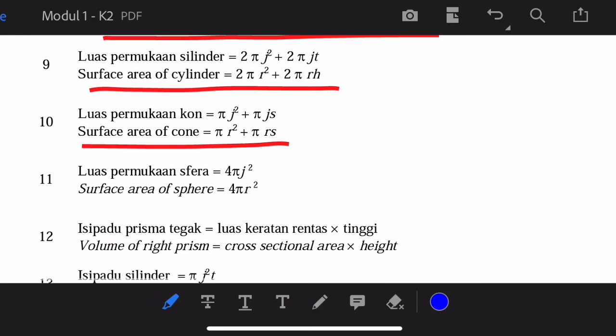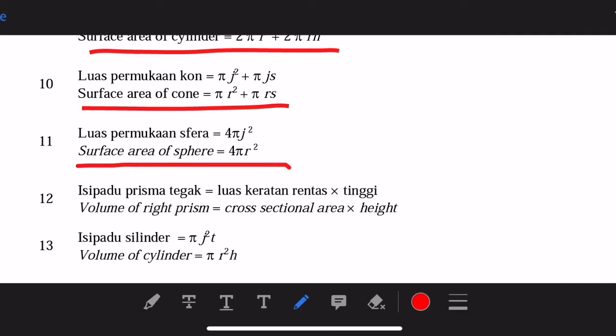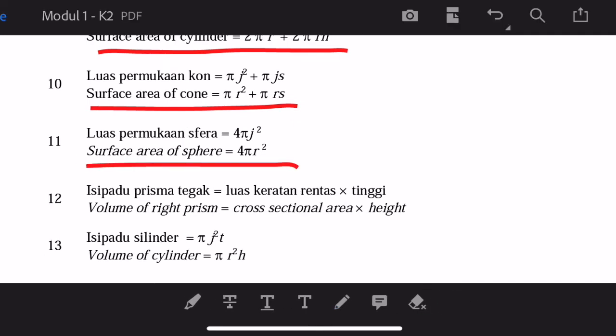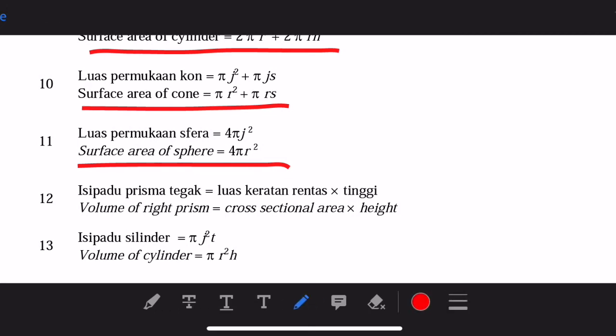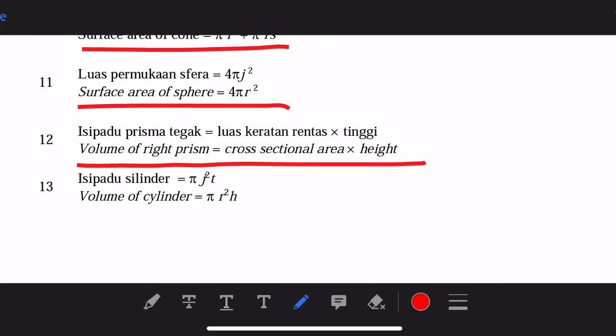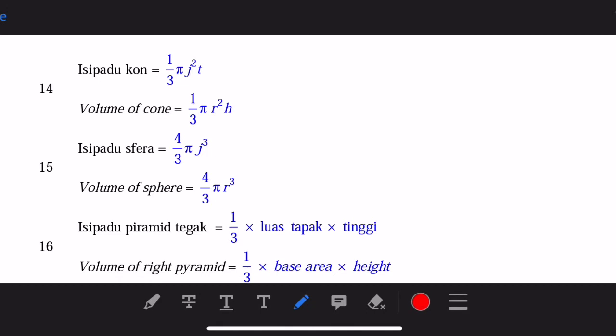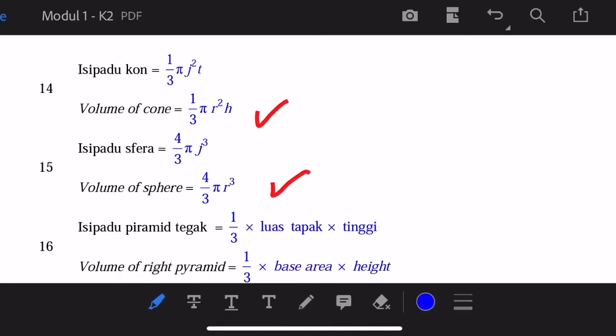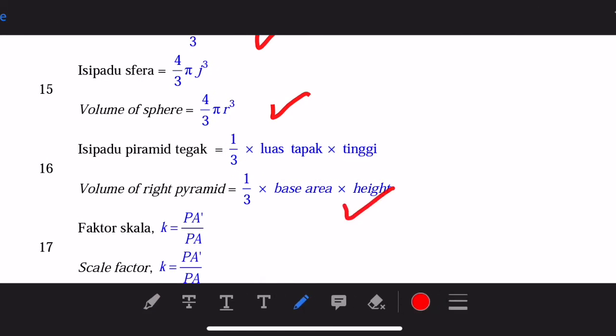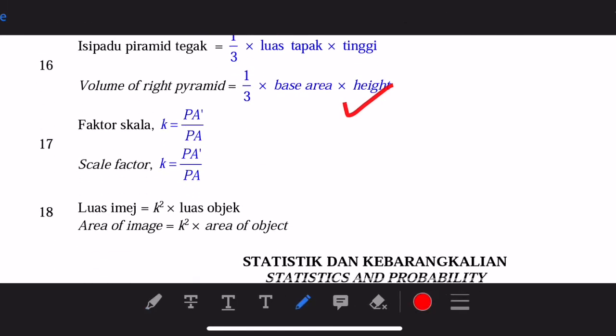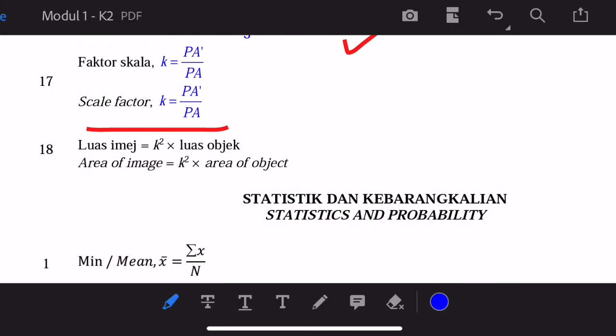Okay, so surface area of sphere, and also a very important popular question is the right prism. Volume of right prism is cross-section area times the height, and volume of the cylinder. So all these formulae will be given in your coming exam. So volume of cone, volume of sphere, volume of the right pyramid, and also scale factor for enlargement, and how to find the area of image given the area of object.